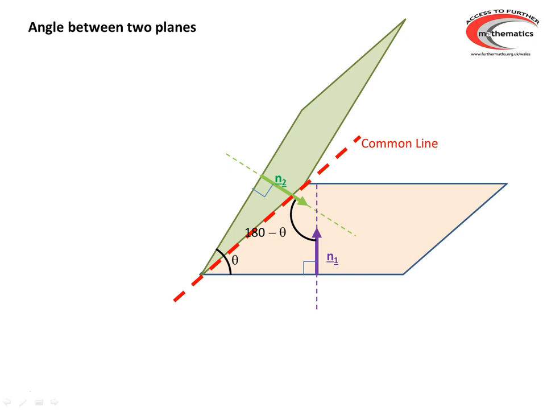Angles on a straight line then tell us that the acute angle between the two normals must be equal to theta.